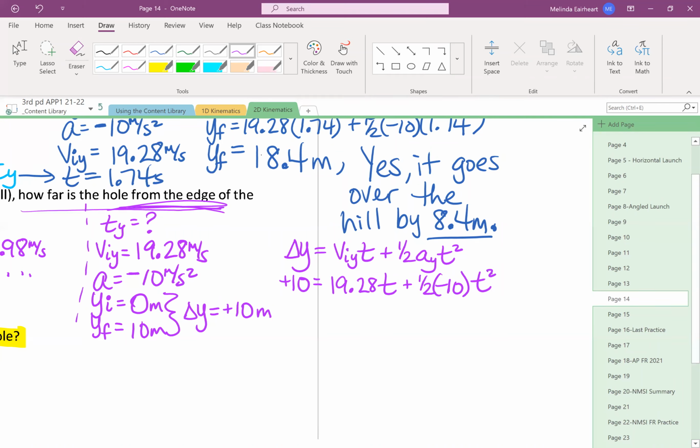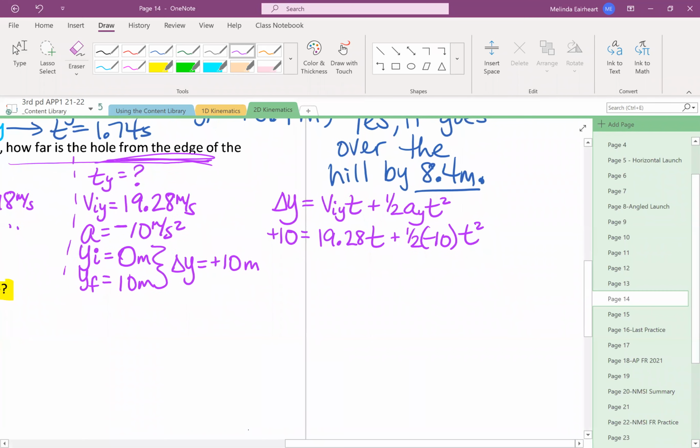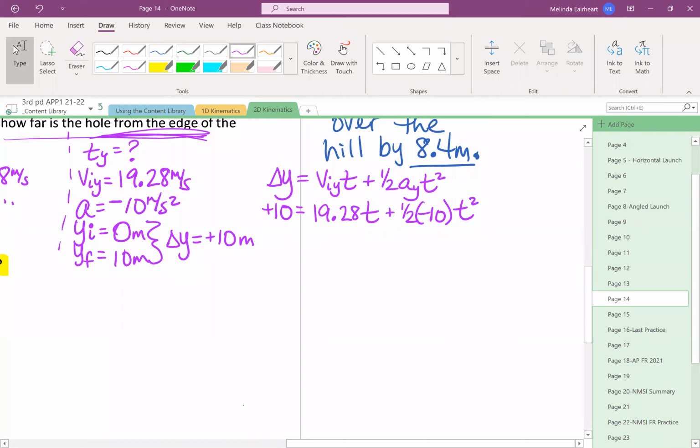All right, so how do I solve for time? Oh, there's that Q word, right? So remember, if nothing zeroes out, and I'm using that second equation to solve for time, it's t and t squared.